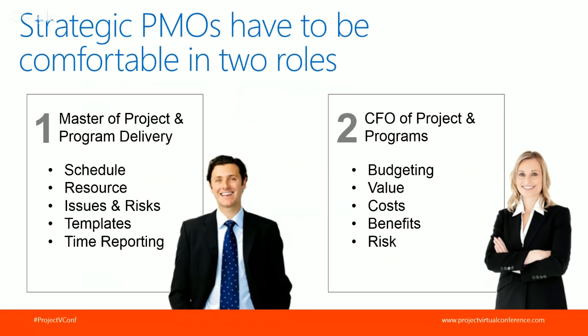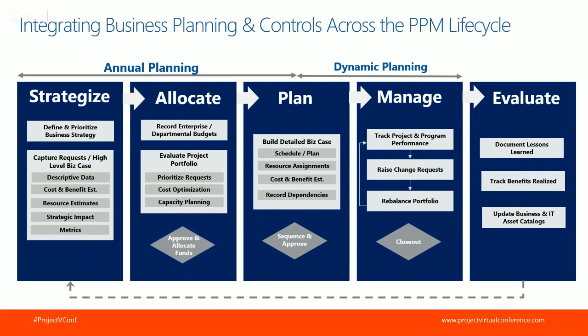So one thing we look to see strategic PMOs doing is integrating often the critical missing business planning controls across the PPM life cycle. And so this should look familiar to most of us. When we think about the annual planning process, the ability to centralize demand, align demand against strategy, build out robust business cases, which include integrated financial cost and benefit information alongside the traditional schedule and resource information.